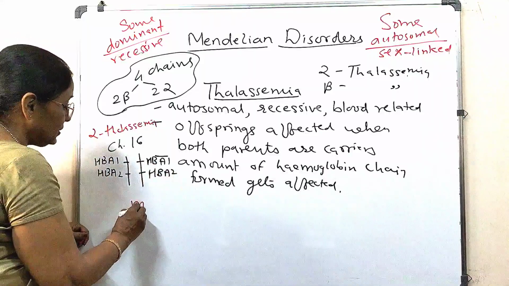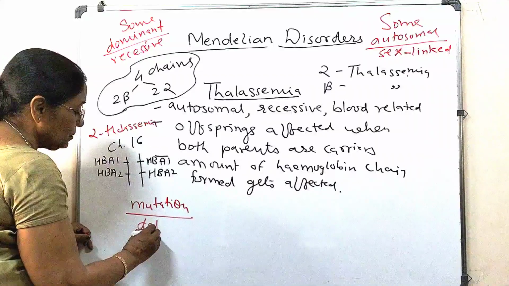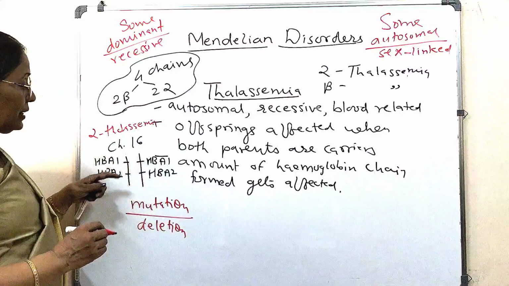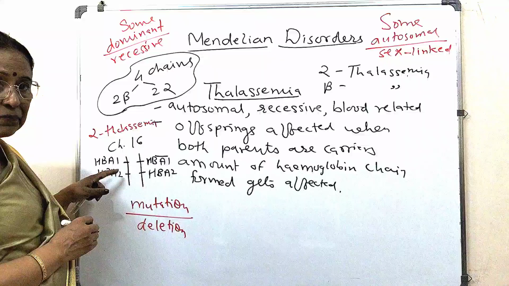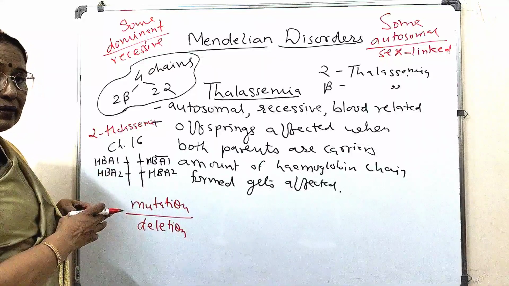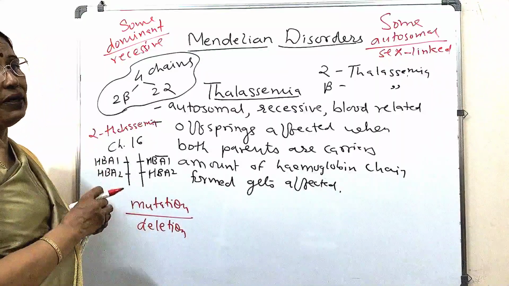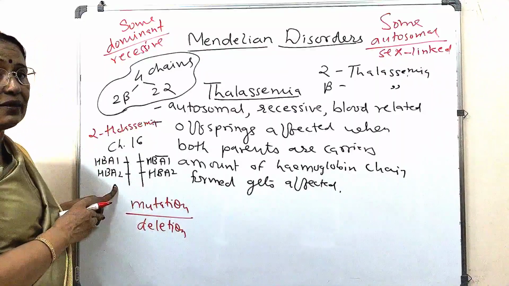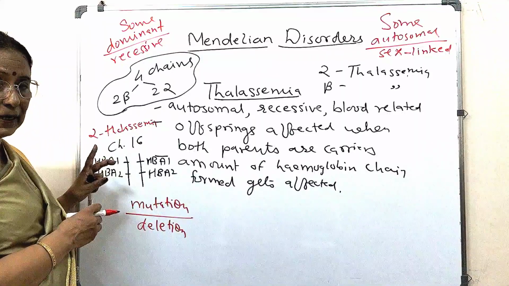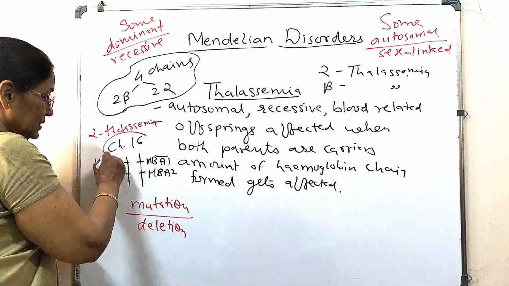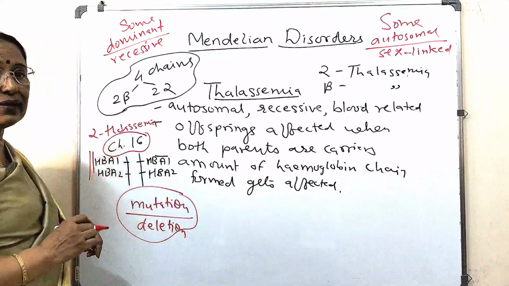Mutation or deletion may occur in one or more than one gene. Accordingly, the gene which has undergone mutation or deletion, that chain will not be formed. Due to mutation or deletion of genes on chromosome number 16, the alpha chain will not be formed. So remember chromosome number 16, the names of the genes, and the cause, that is mutation or deletion.